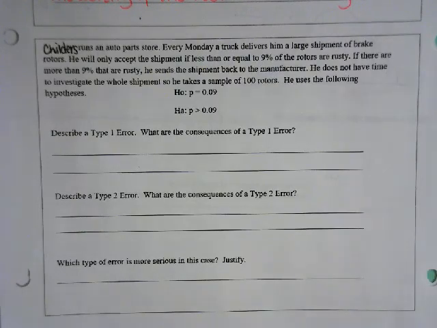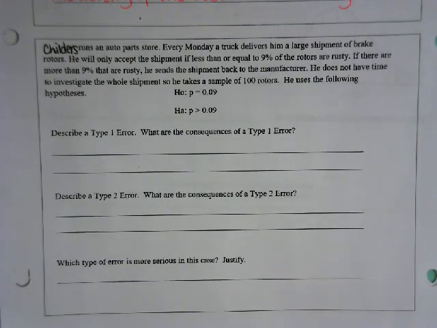So let's say Mr. Childers runs an auto parts store. Every Monday, a truck delivers him a large shipment of brake rotors. He will only accept the shipment if less than or equal to 9% of the rotors are rusty. If there are more than 9% that are rusty, he sends the shipment back to the manufacturer.